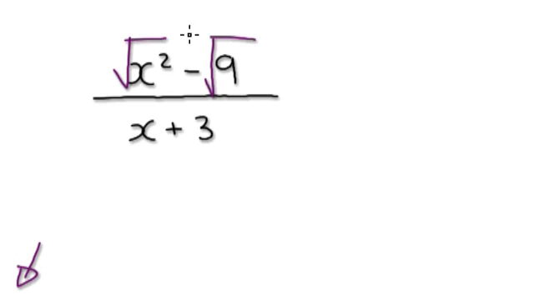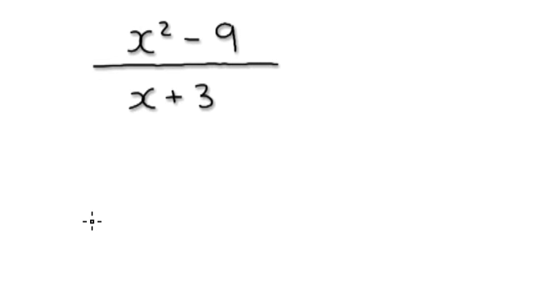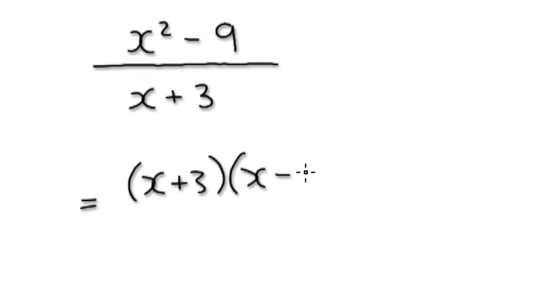I can easily square root this term, and there happens to be a minus in the middle. So I know I can easily factorize this. I can factorize it as this square root, plus 3, and then x minus 3.